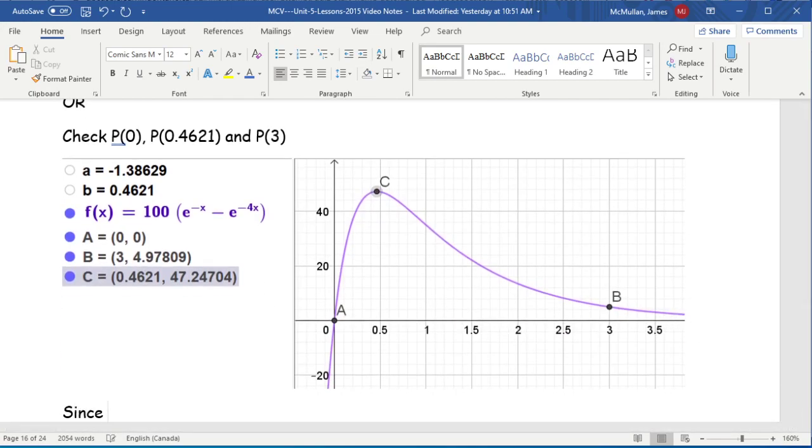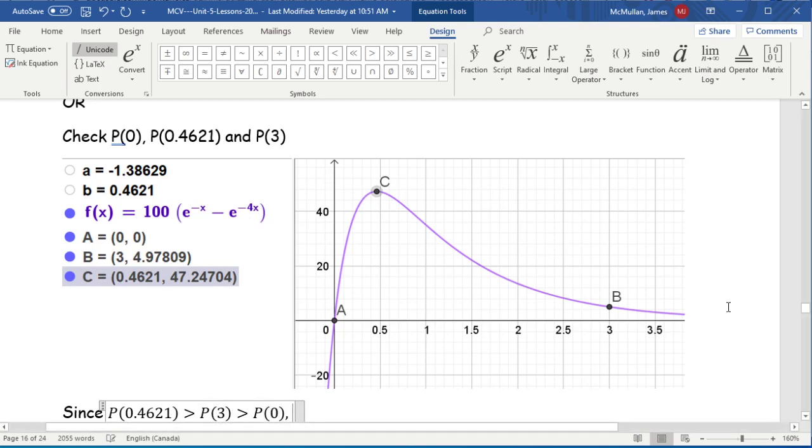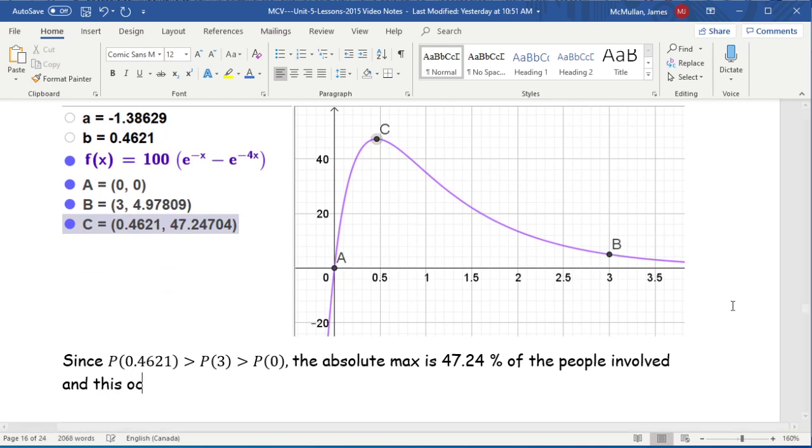Since P of 0.4621 is greater than P of 3, which is greater than P of 0, the absolute max is 47.24% of the people involved. And this occurred 0.4621 hours after the rumor started.